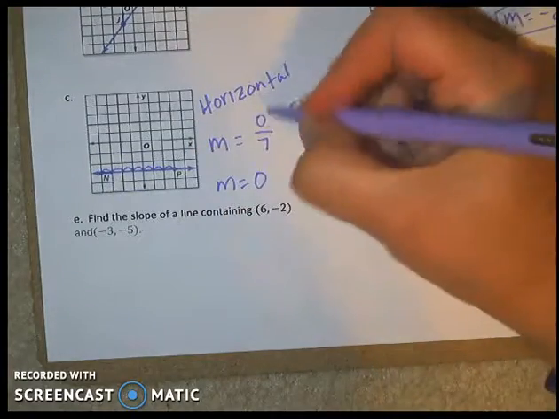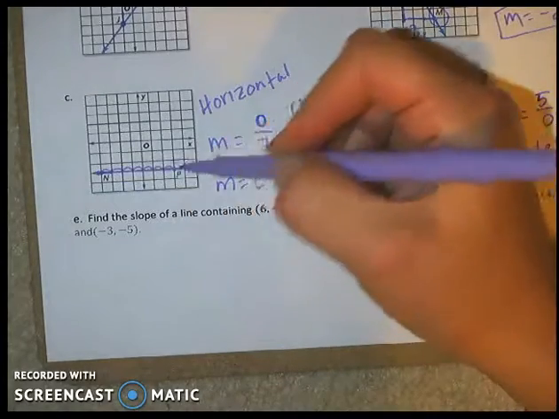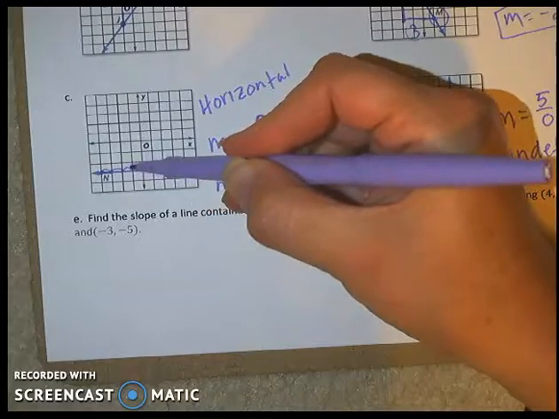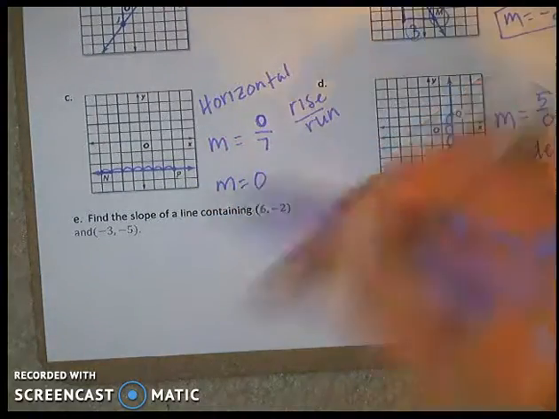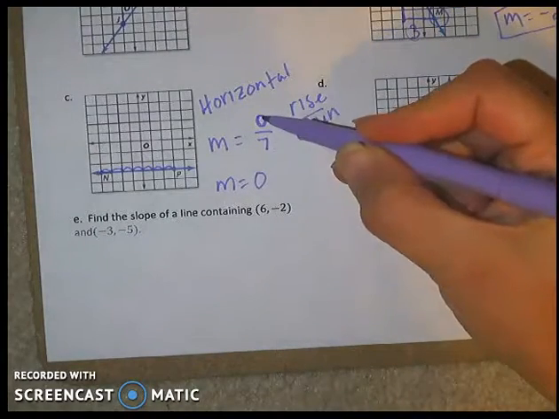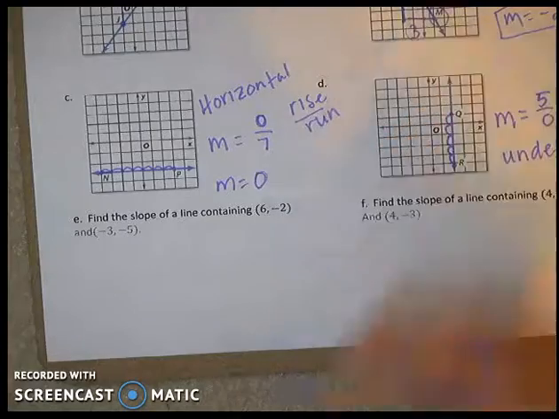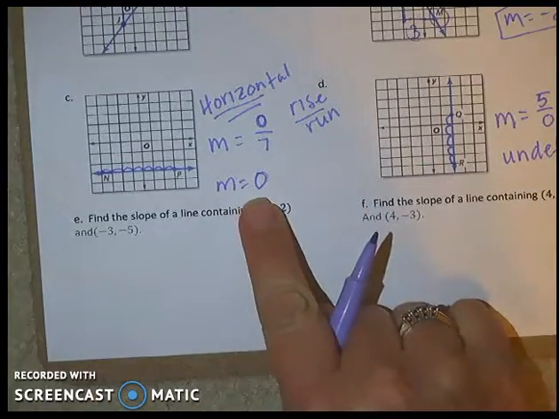There's no rise, so my 0 is on top because there's no rise. But I do run to get from N to P. You can see I counted 1, 2, 3, 4, 5, 6, 7. You can see that I ran 7. So I use the slope of 0 over 7. 0 divided by any number is still 0. So a horizontal line has a slope of 0.